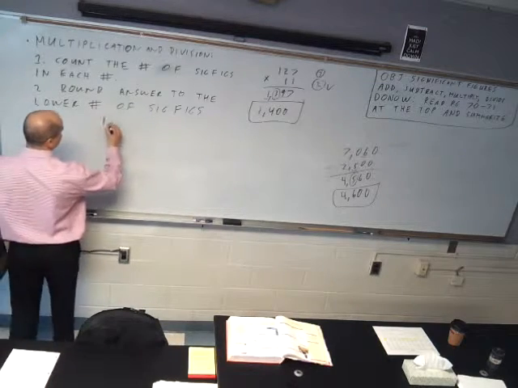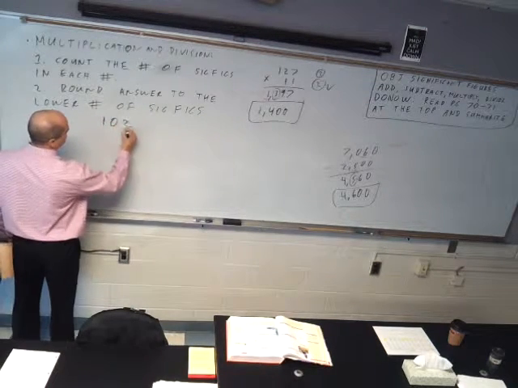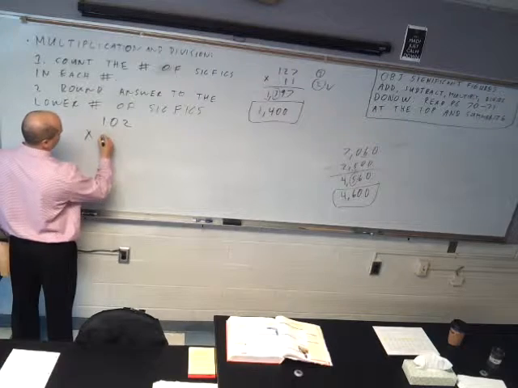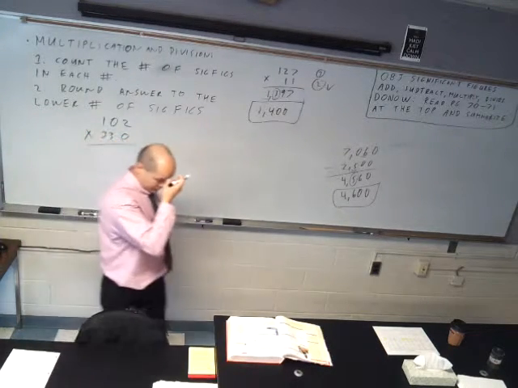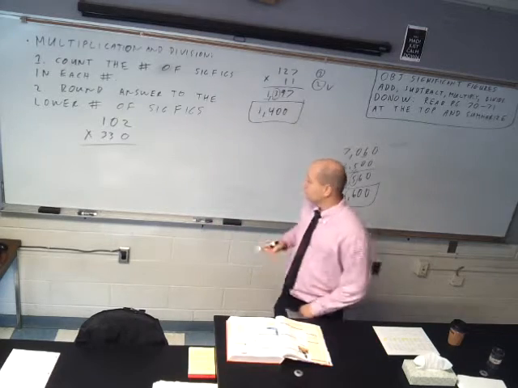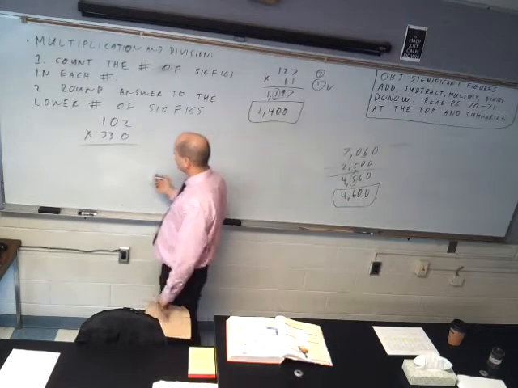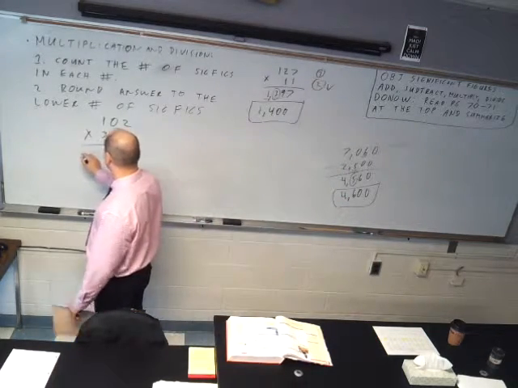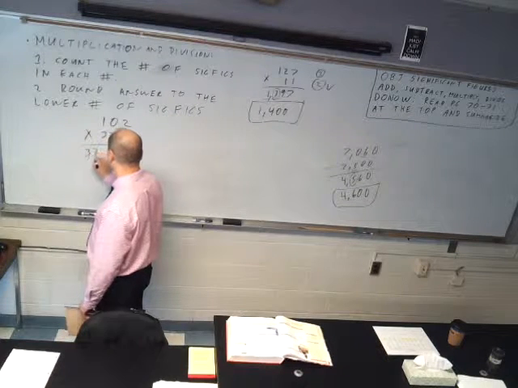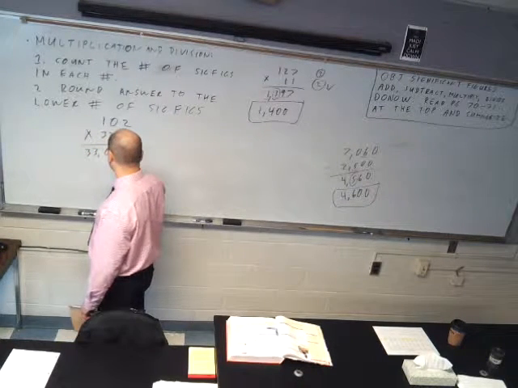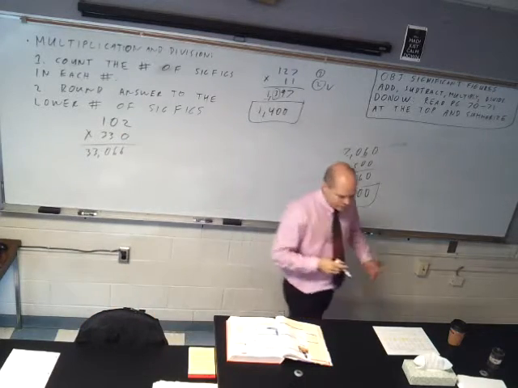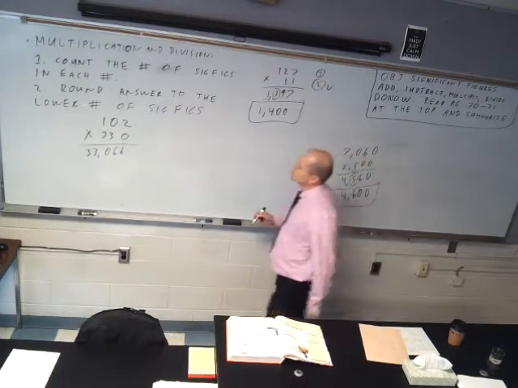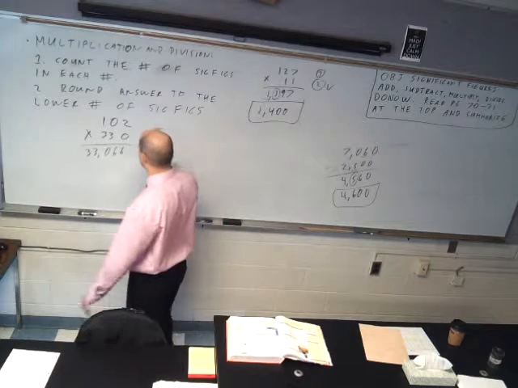Let's do 102 times 330. Okay. So, top number is how many sig figs? 2.